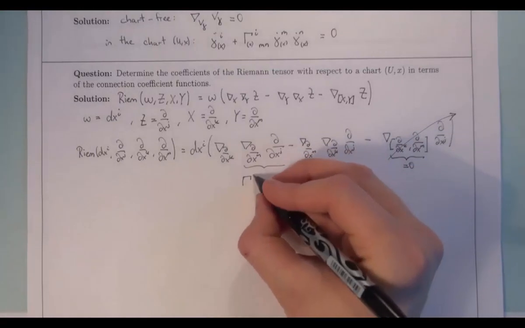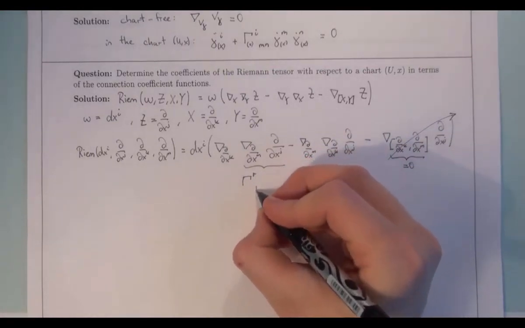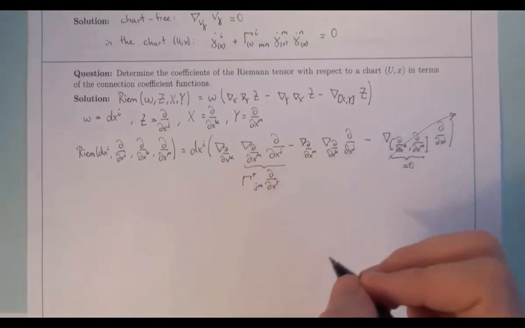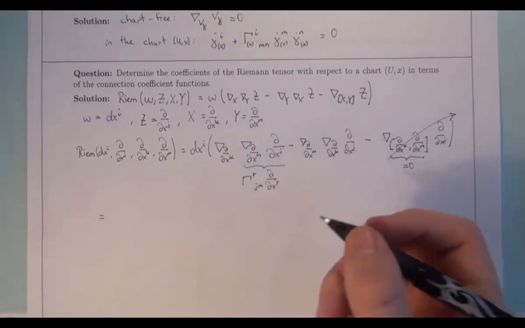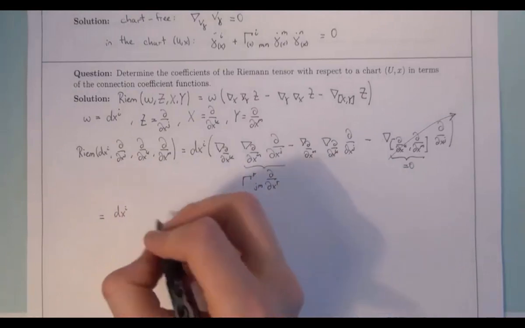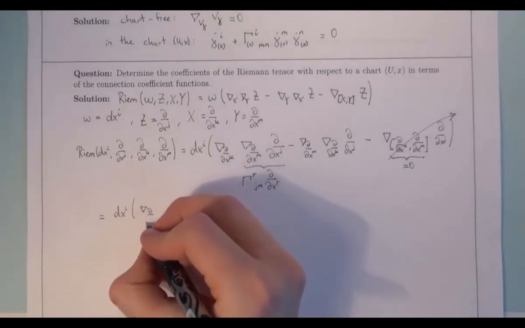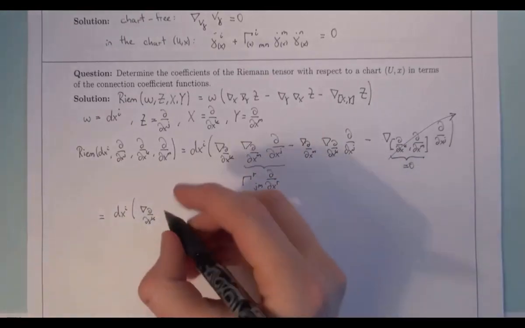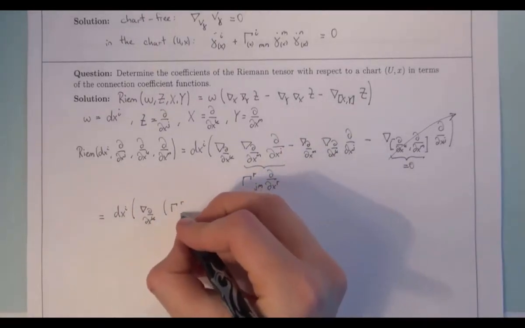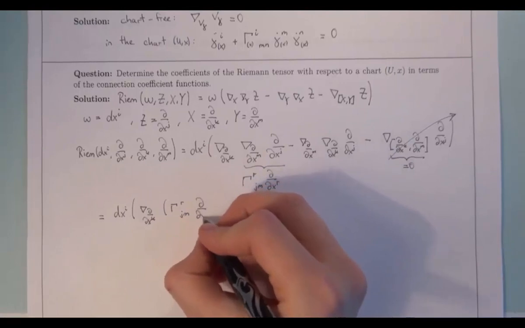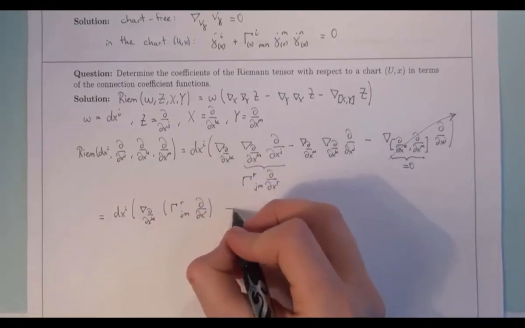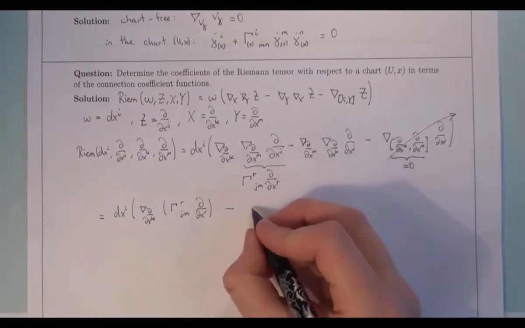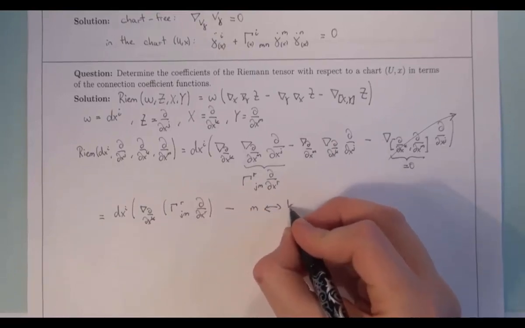So this is gamma r jm del x r. So what we get is, this is del xi on the outer covariant derivative stays for the moment, and the inner one gets replaced by gamma rjm del xr minus, and in this term the same happens, however we only have to exchange the index m and k.